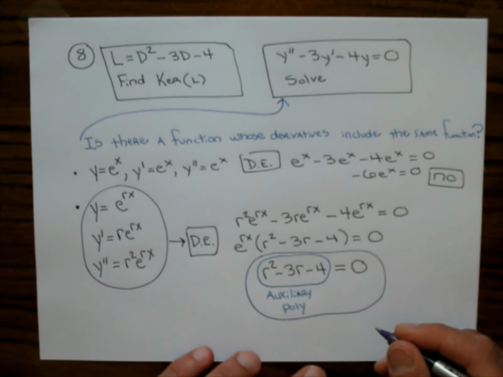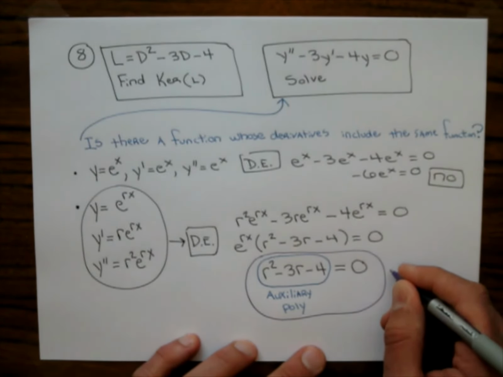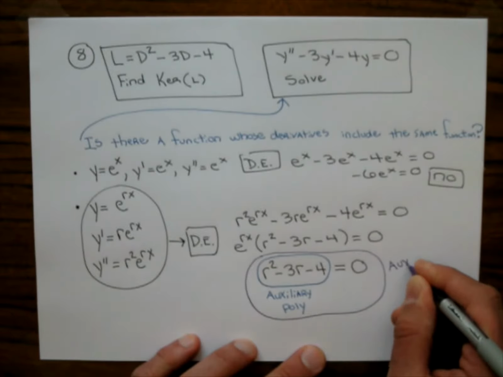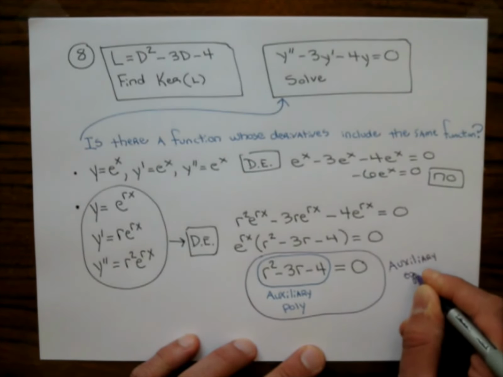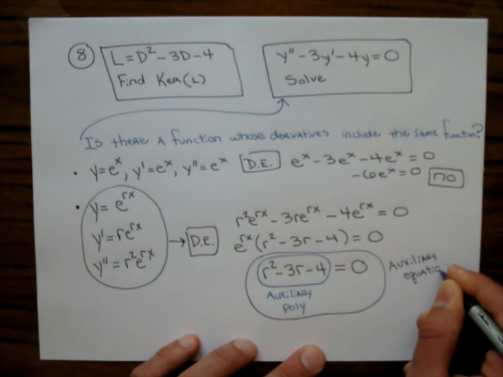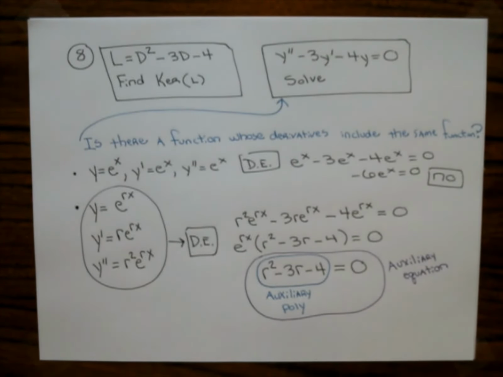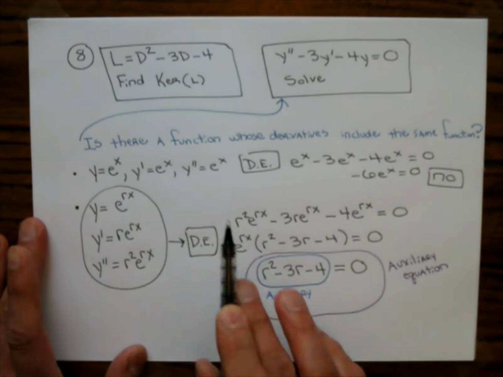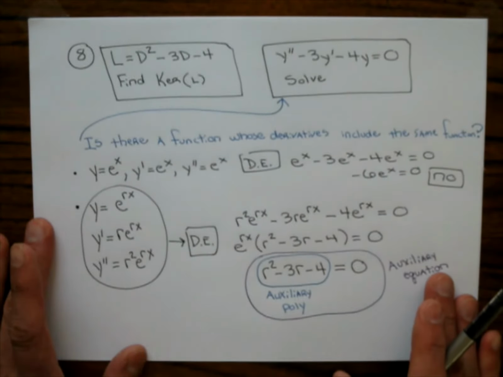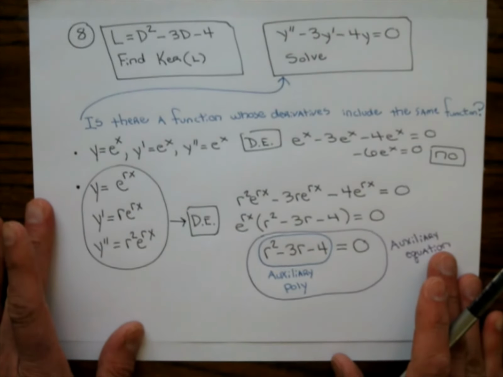Maybe you've guessed. This is called the auxiliary equation. The auxiliary equation is gotten by doing this development here, but you can always get it from up here.